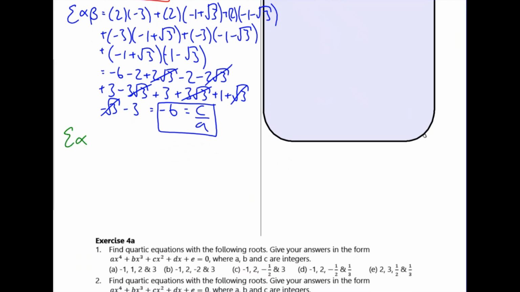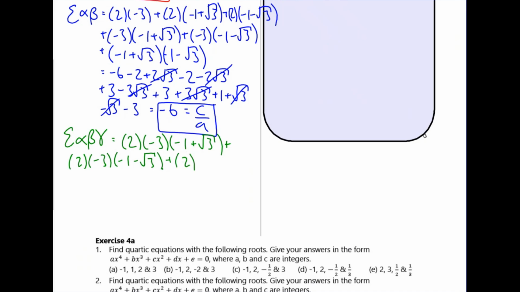On to the sum of the product triples. So I can have possibilities for that. 2 times minus 3 times minus 1 plus root 3, then plus 2 times minus 3 times minus 1 minus root 3, plus 2 times, not with the minus 3 now, so minus 1 plus root 3 times minus 1 minus root 3.